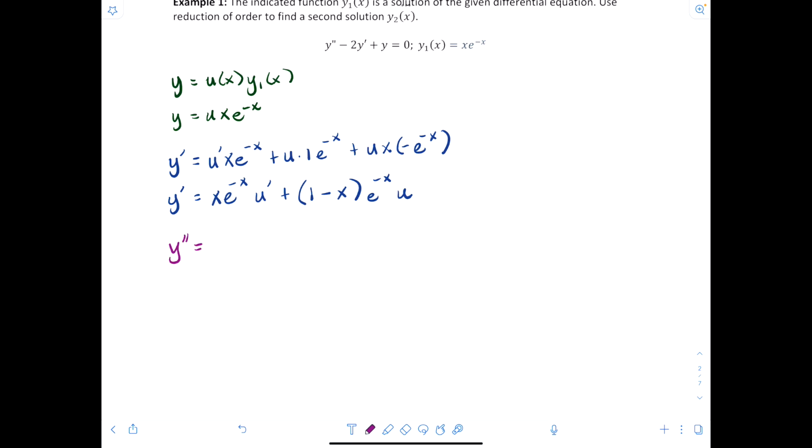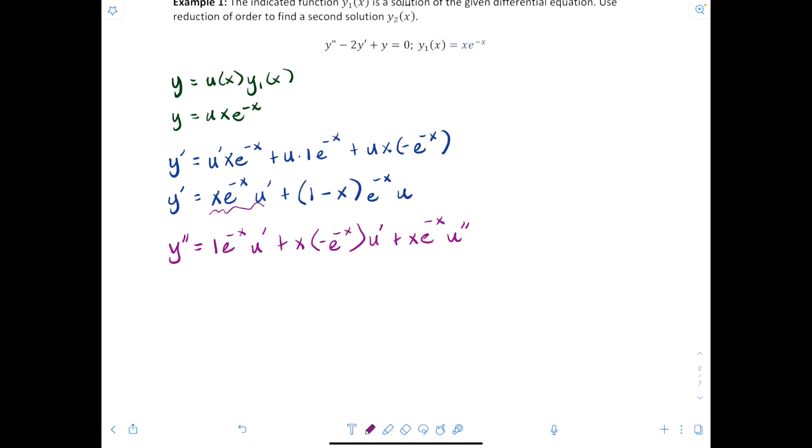So now we need to find y double prime. Again, we have three factors, so 1 times e^(-x) times u', plus x times negative e^(-x) times u', plus x e^(-x) times u'' takes care of this first term.